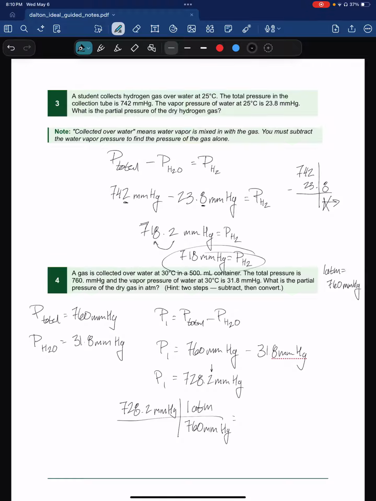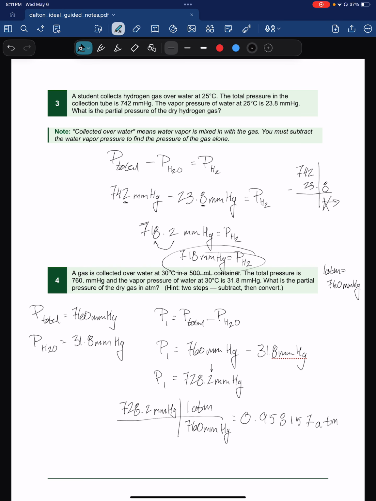And so we'll do our answer divided by 760, and we will get 0.958157. Great. This is atmospheres.